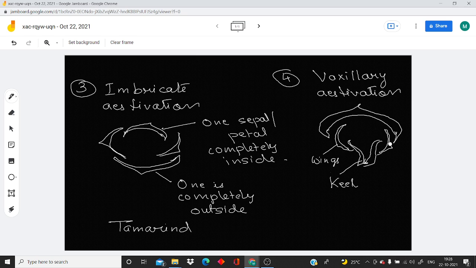Wings are a little bit bigger, and the other one which is completely outside, almost covering the others, will be called standard. Okay. Now this kind of arrangement is found in pea plant. Example is pea plant. Okay, if you have seen pea flowers, they are just like this. So I hope children are clear about it.